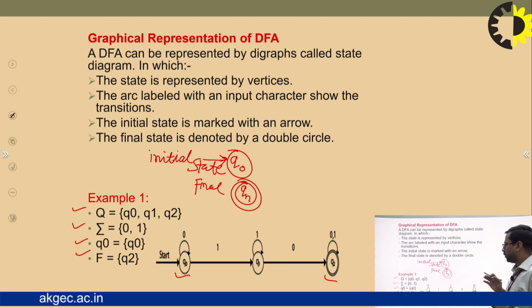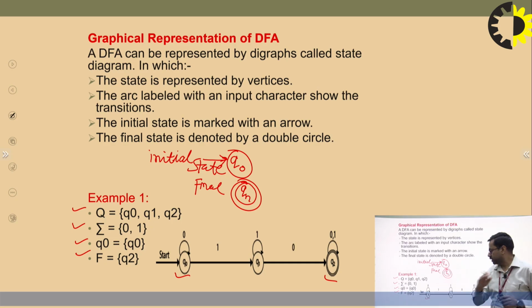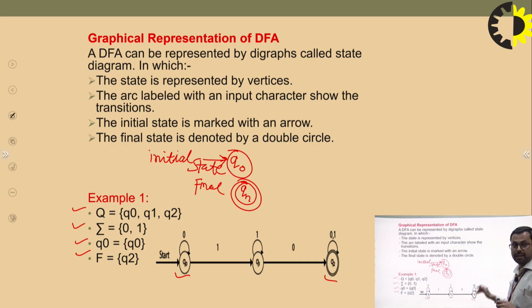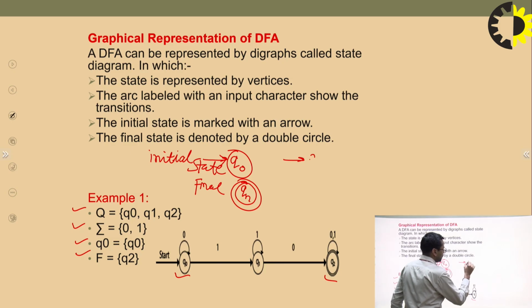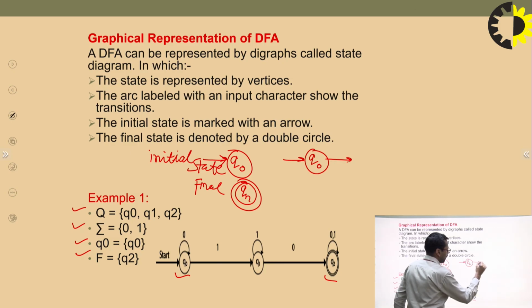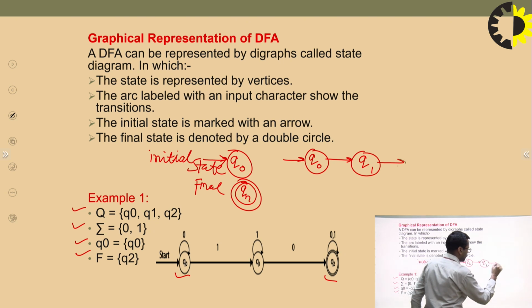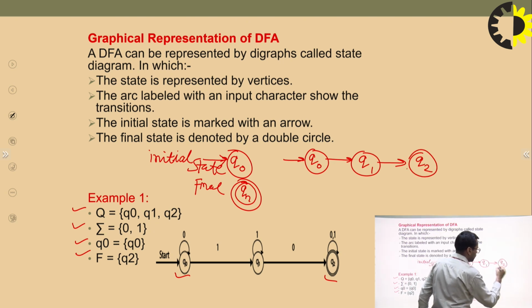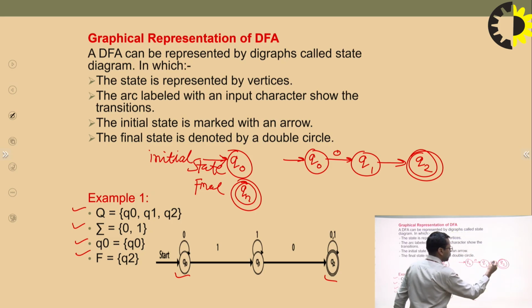And in case we do not reach the final state, that particular state is known as the dead state. Let's suppose Q naught is the initial state, Q1 is the intermediate state and Q2 is the final state, after applying inputs 0 and 1, and here 1 and Q3.